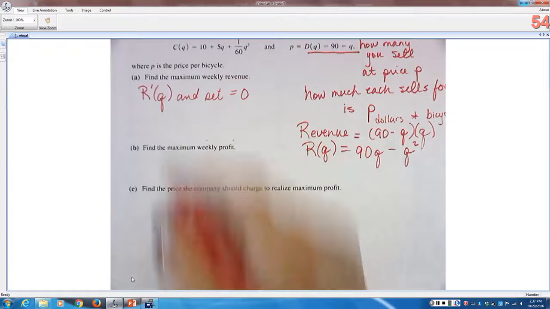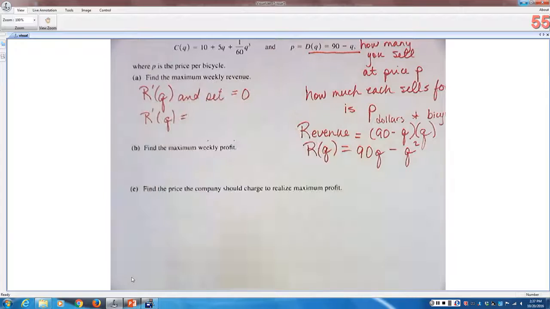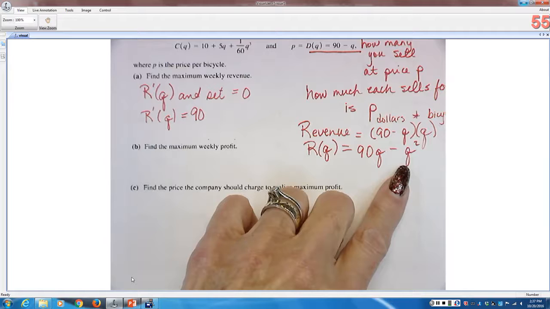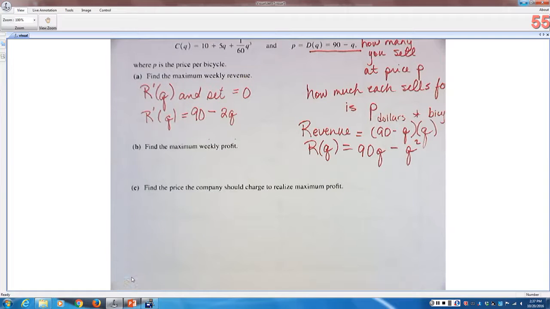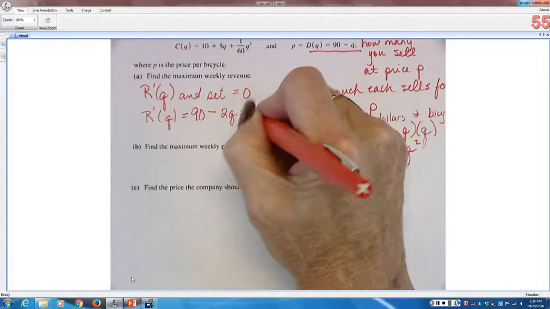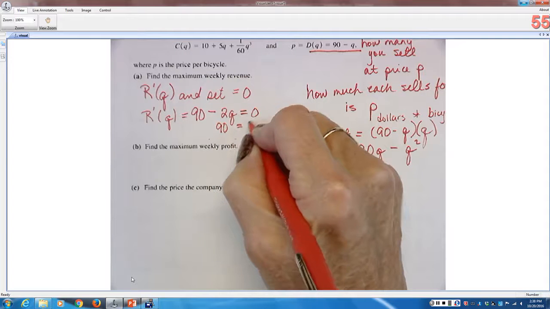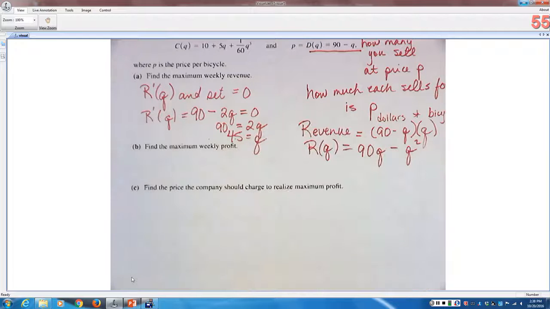So the derivative of 90Q is 90. And the derivative of Q squared is 2Q. What is that going to be equal to 0? It's going to be equal to 0 when Q is equal to 45. So your maximum revenue occurs when you sell 45 bicycles.